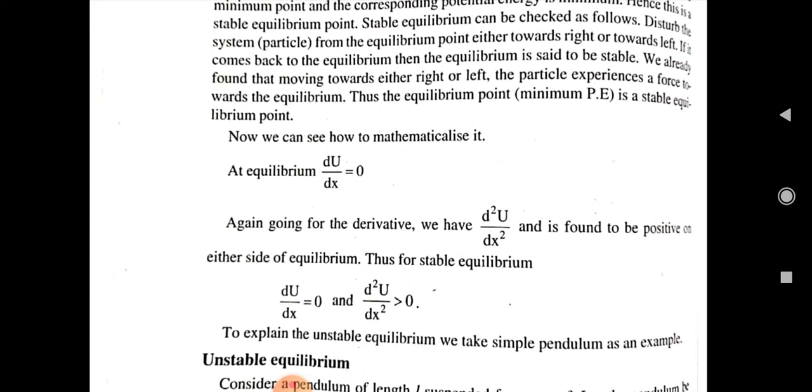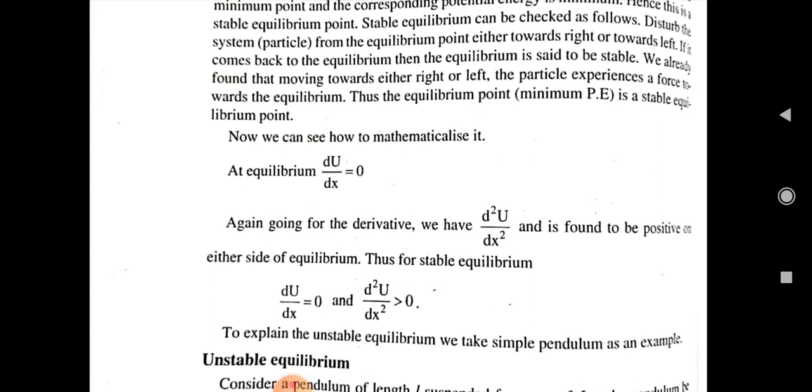Again its derivative, d square u by dx square, that is the derivative of the slope, d by dx of du by dx, is the curvature. A particular point is said to be in stable equilibrium if its derivative is greater than 0, or if its derivative is positive.